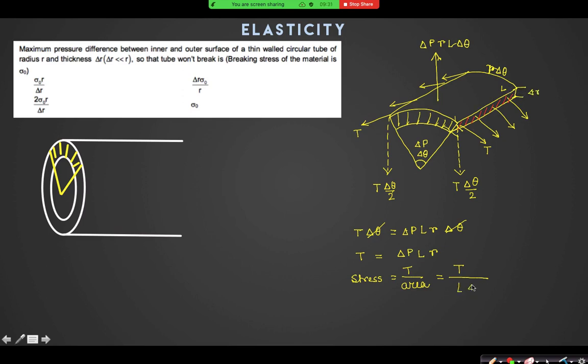So L into delta R, and that stress should be less than sigma naught in order not to break it, right?